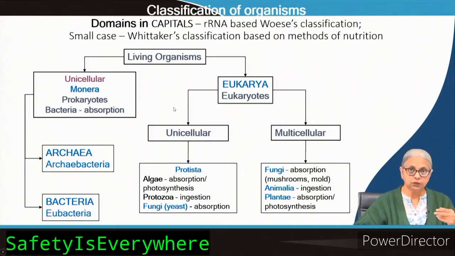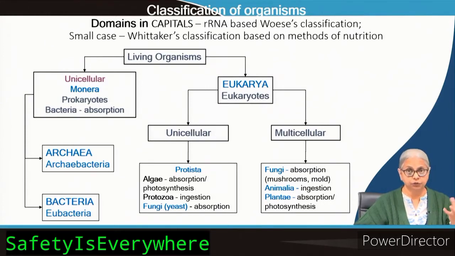These unicellular eukaryotes are called protists. Protista is the name of the kingdom based on Whittaker's classification. They have algae and protozoa, and they have fungi-like organisms. Examples are yeast. Then you have multicellular organisms which can have fungi.